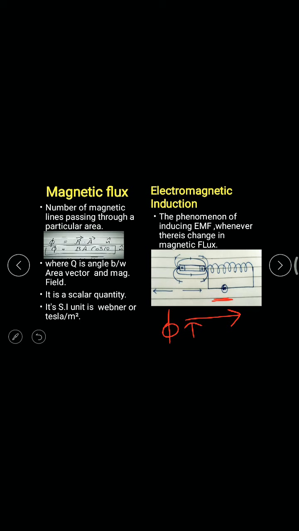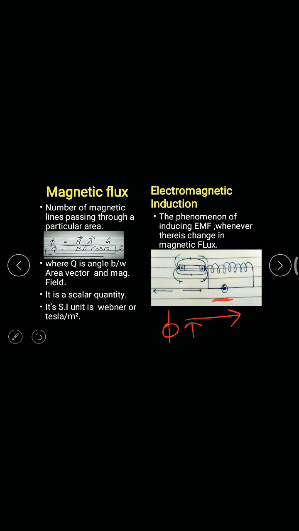When the bar magnet will move away from this coil, the number of field lines passing through this area will become less in number. Hence the magnetic flux will also decrease.